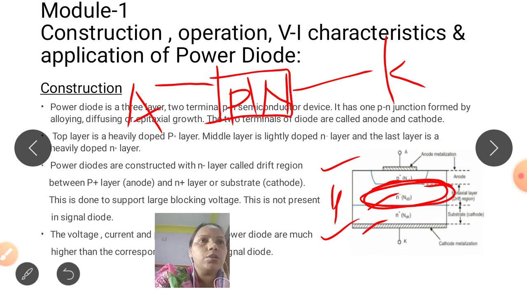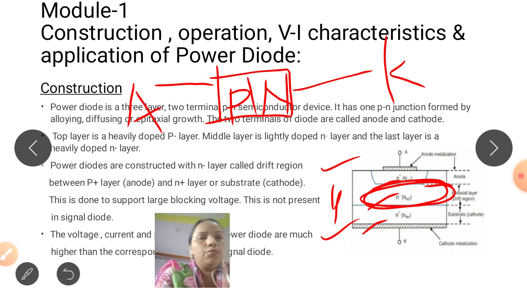So now let's see how you differentiate the p layer, p plus layer, n layer, n minus layer, and n plus layer. What is the meaning of this p, p plus, p minus, n plus, n minus? See, this comes from the doping point of view, the level of doping. What do you mean by doping?